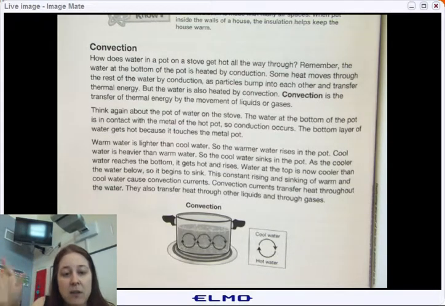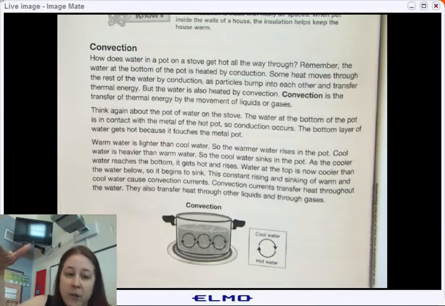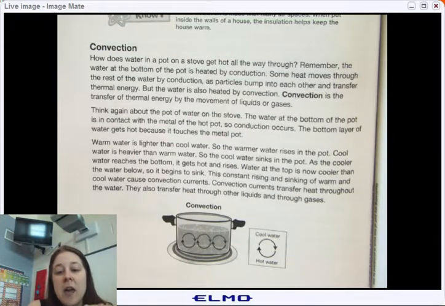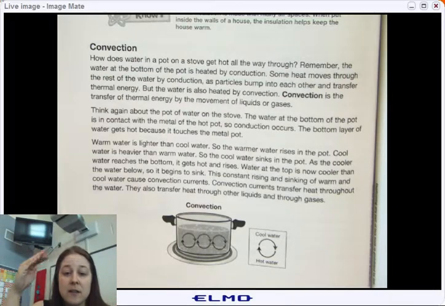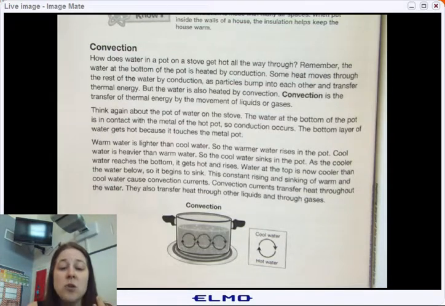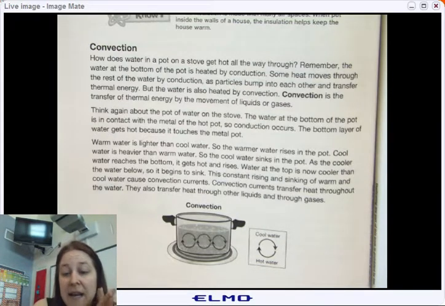Cool water is heavier than warmer water, so the cool water sinks in the pot. As the cool water reaches the bottom, it gets hot and rises. Water at the top is now cooler because of the convection currents. Convection currents transfer heat throughout the water. They also transfer heat through other liquids and other gases.